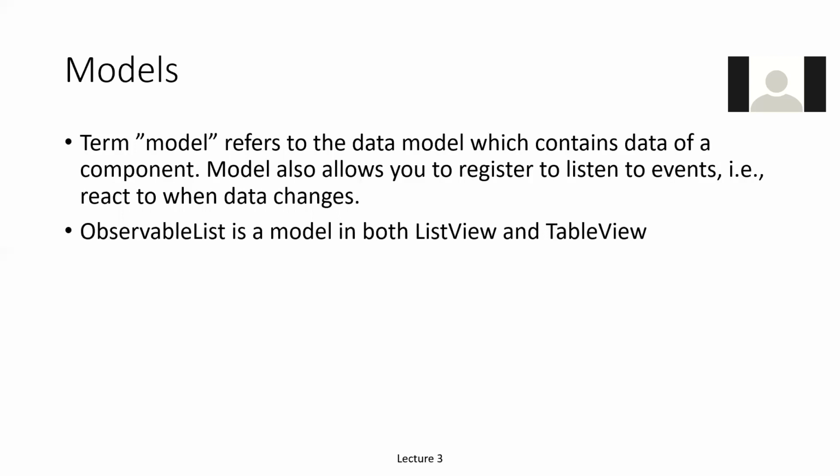You can register to, as shown in the previous slide, the events, changes in that list, and the table or list register to listen to that list, and whenever data changes, they update themselves, and whatever is told them as the way to convert the data from the model into what is displayed in there, they use that. And we saw a couple of different ways to control how the data in the model is converted to the strings, in this case the strings which are displayed.